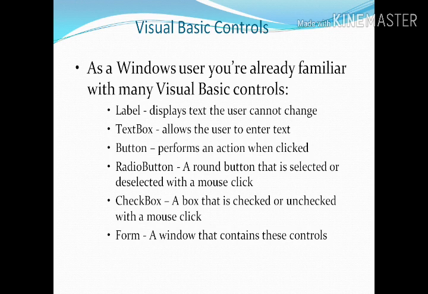Now, Visual Basic controls. As Windows users, we are already familiar with the Visual Basic controls, that is label, text box, button. All these details you can find in our first lectures also. It is the pictorial view and the details are already given in our first lecture. Here I am just mentioning those controls once more because of our interview purposes.